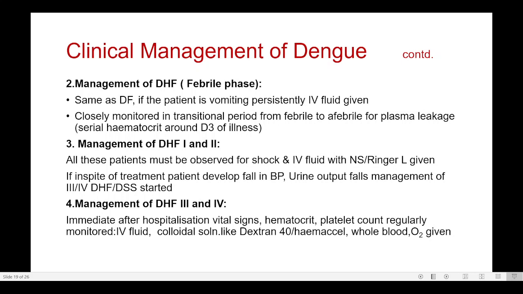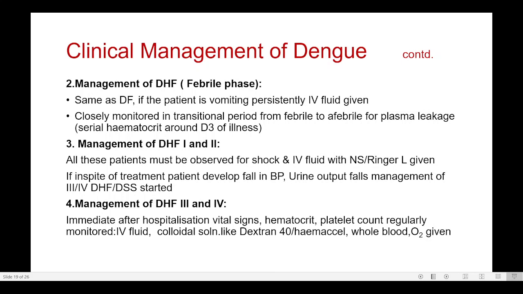In management of dengue hemorrhagic fever, the febrile phase is the same as dengue fever. If the patient is vomiting persistently, then IV fluid is given, and they are closely monitored in the transitional period. When the patient becomes afebrile from the febrile phase, we look for any plasma leakage, which can be seen by serial hematocrit values around the 3rd day of illness.